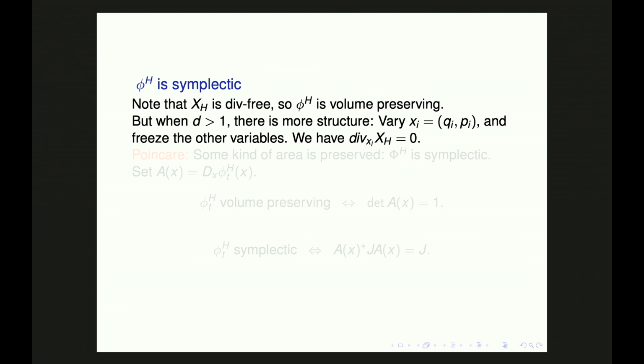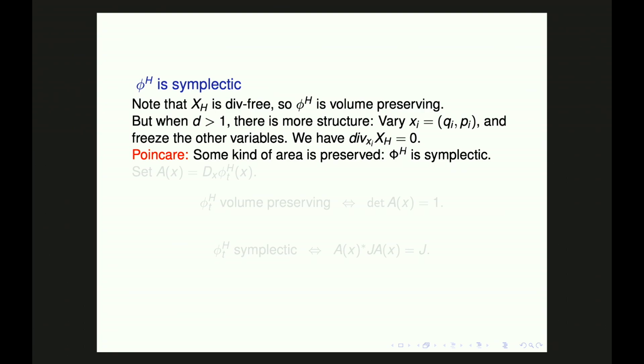In other words, you have more structure there. Instead of saying that the volume is preserved, additionally, you want to say that some surface areas are also preserved under the flow of the dynamics. And Poincaré figured out exactly what that means. As I mentioned, you can write down some two-form. The job of a two-form is calculating surface areas, and that two-form is preserved under the flow.